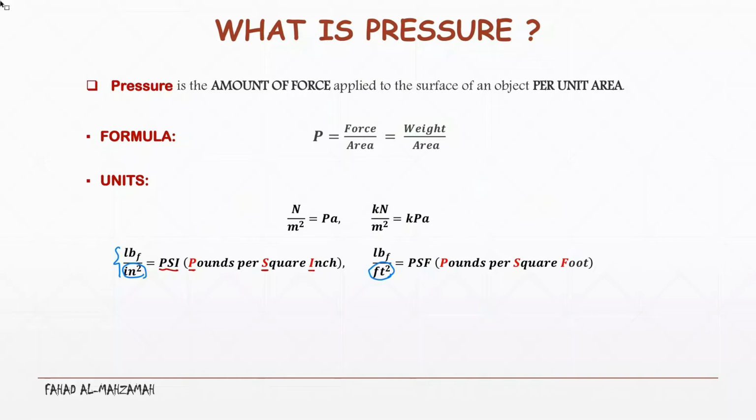So whenever you see the word PSI, it means exactly a pound per square inch. Now, what about pound per square foot? Instead of I, you will write F, so it is PSF. Now, are there any other units?